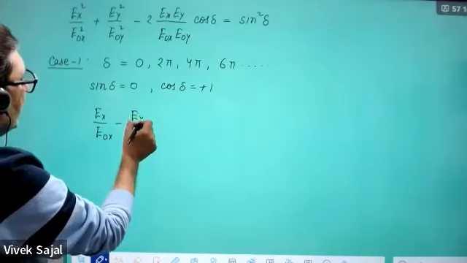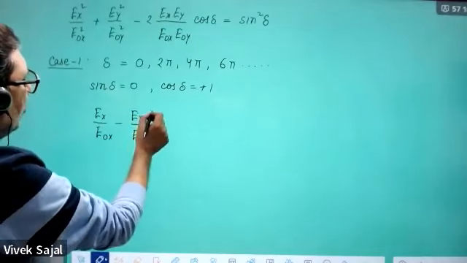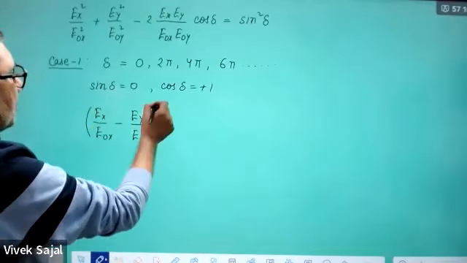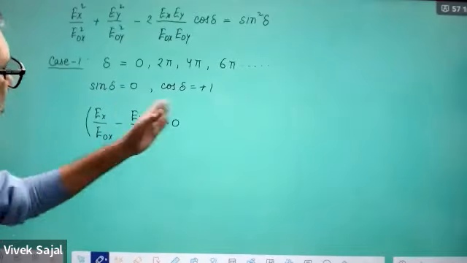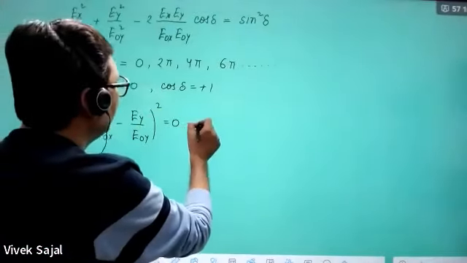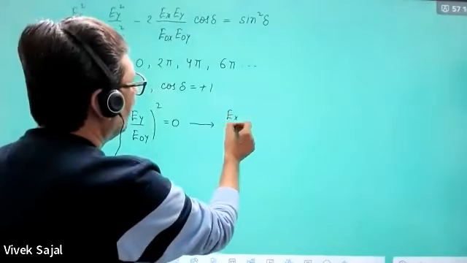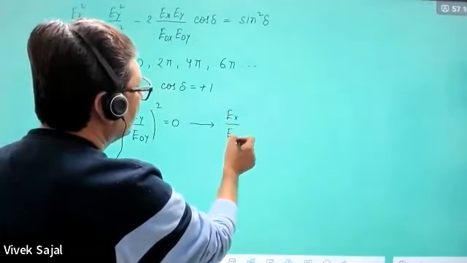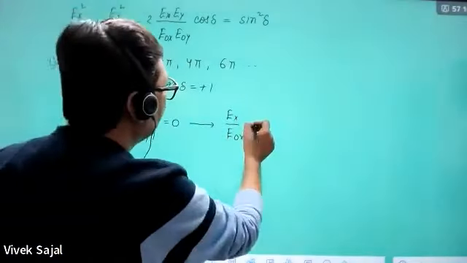This will be Ey upon E naught y whole square of this, and that is 0. This will be, remove the square, you will have Ex upon E naught x. Okay, square is removed and bring this term to the other side.